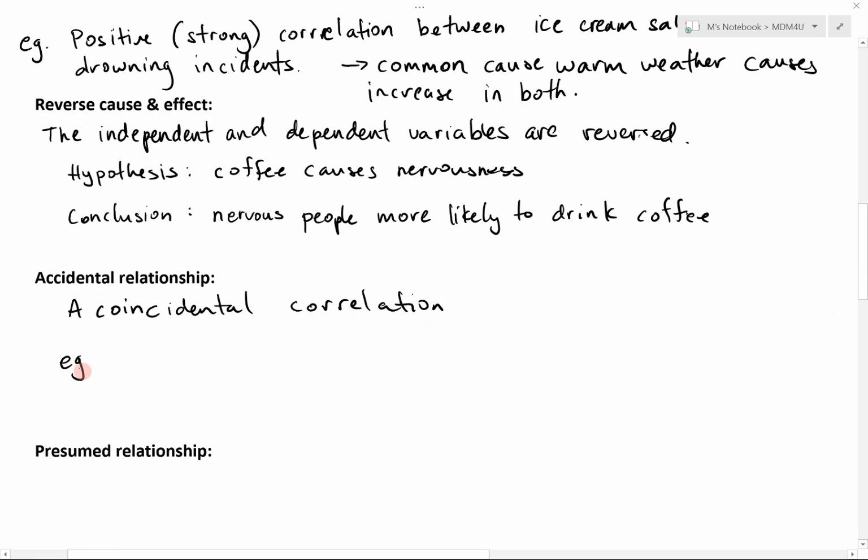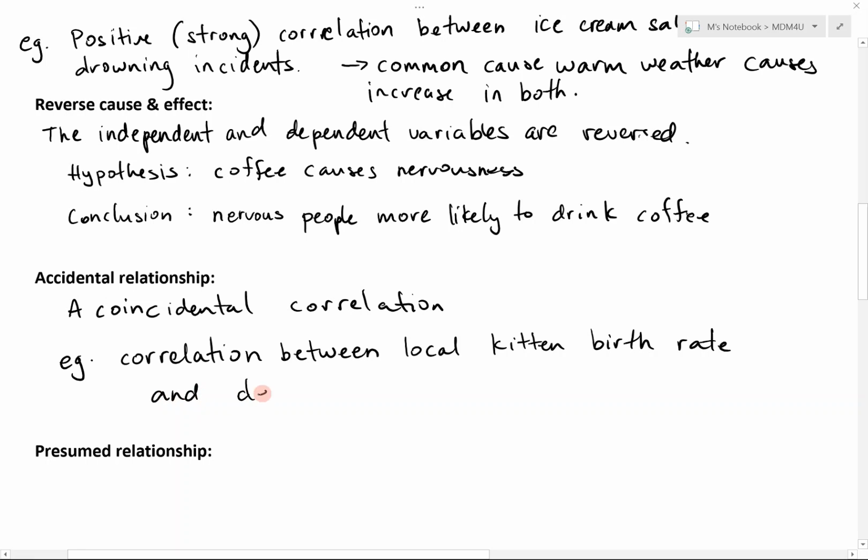An example could be the correlation between local kitten birth rate and declining school enrollment. In a graph or in your data, you may find a correlation between these two variables, but there is nothing that suggests that one would cause the other. So it would just be coincidental.